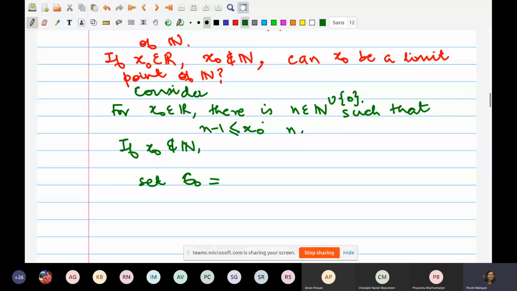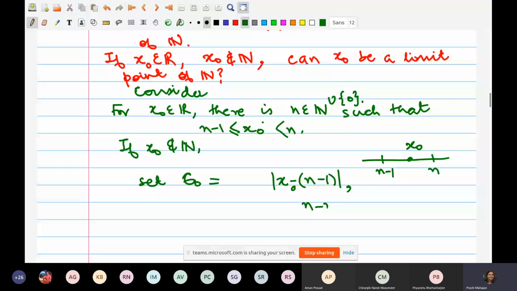So let me fix this less than or equal to, yeah. Look at x naught. I have n minus 1 here, n here, and x naught sits between them, and possibly x naught is equal to n minus 1. In any case, I look at the distance between x naught and n minus 1, and the distance between n and x naught, and I take the minimum of both.